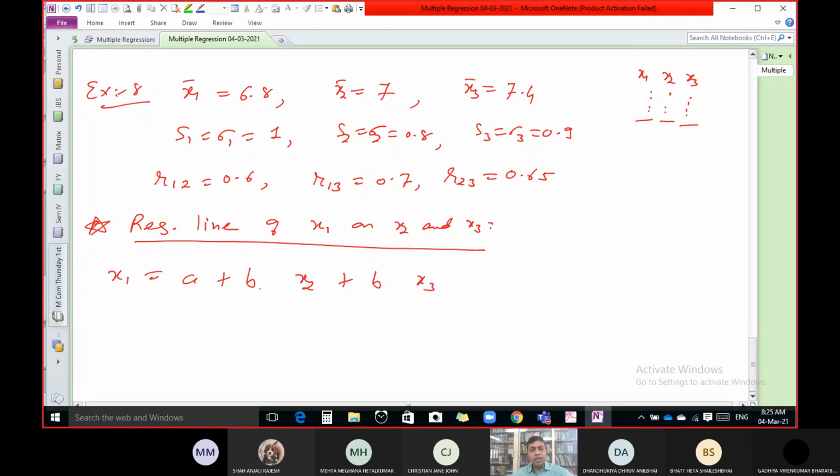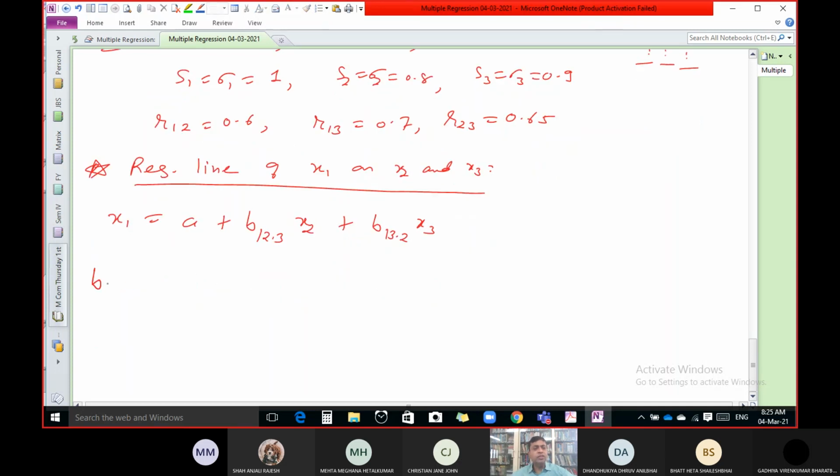But this b is b12.3 and this b is b13.2. Now to calculate a, first of all we require b12.3 and b13.2. So let us calculate b12.3.